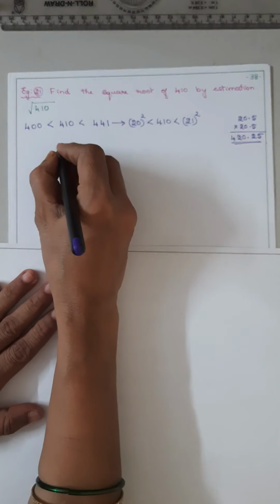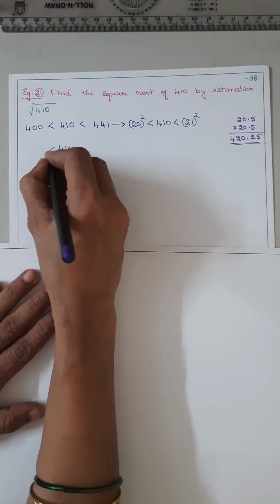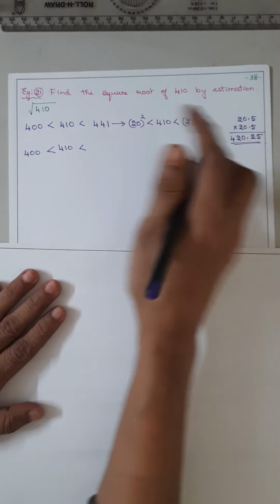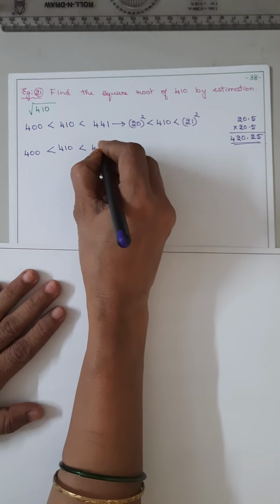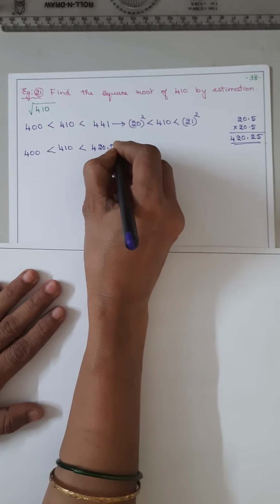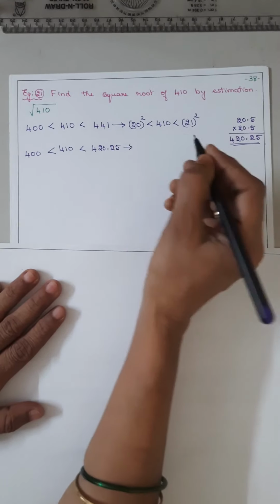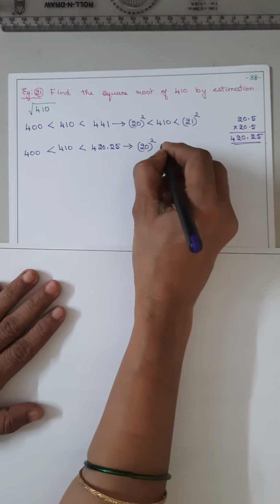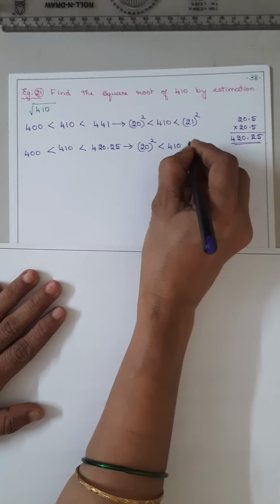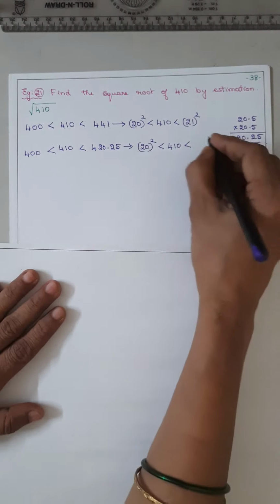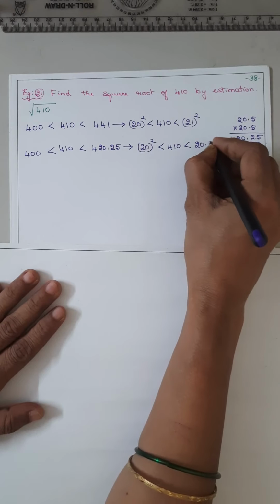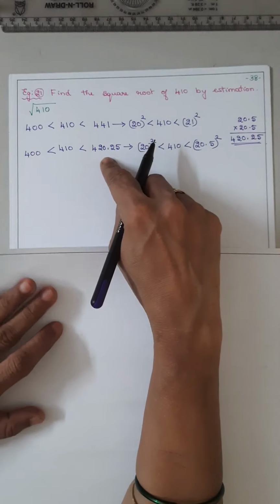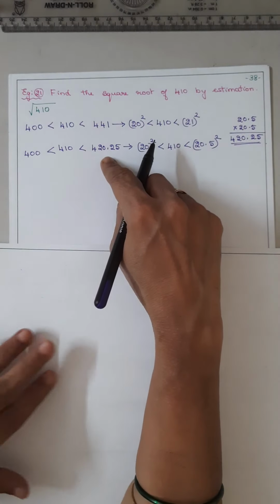So 410 is between 400 and 420.25. That means 400 किसका है? 20 का स्क्वायर है. 410 is between 20 square and 20.5 square.